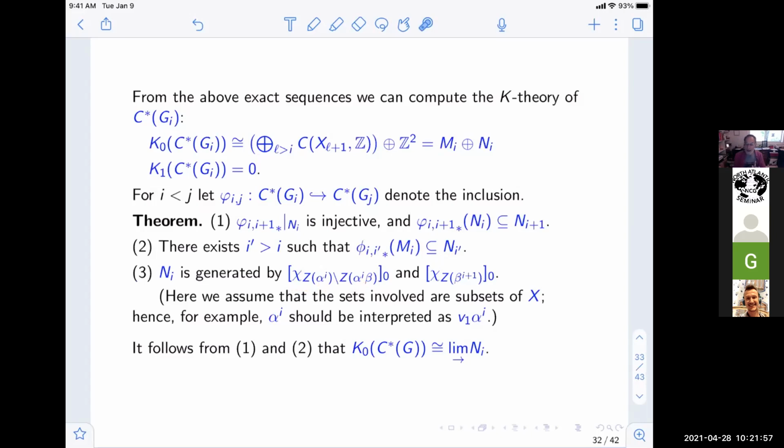So you can find i copies of alpha at the beginning of your path, but you can't find a beta after them until you've been blocked by at least one edge labeled gamma. And here we have things that have i plus 1 betas at the end. So these are the two basic kinds of compact open sets that we need. And what I mentioned before means that the K0 group of C-star of G is the limit of just the N_i pieces.